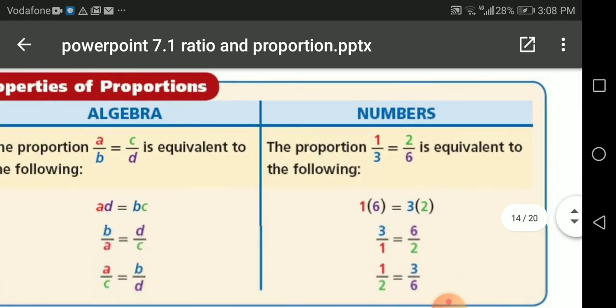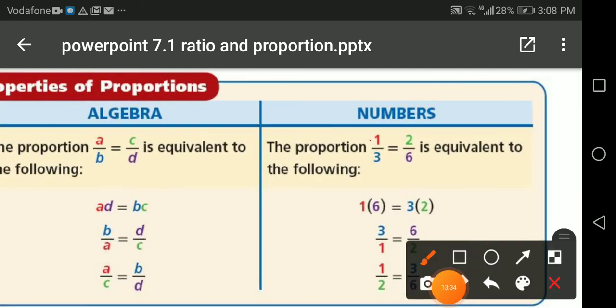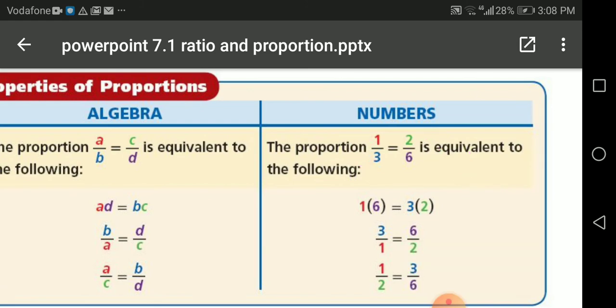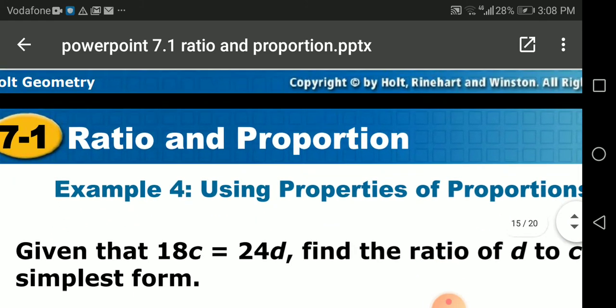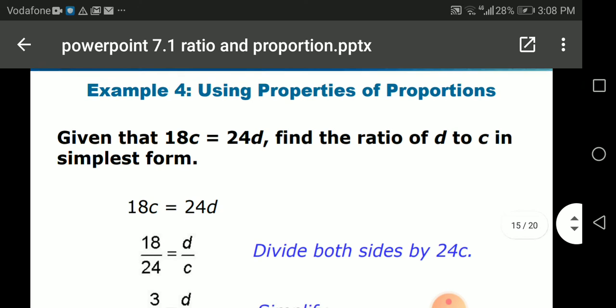To make it more clear for you, my dear students: when we have 1 over 3 equals 2 over 6, we can make the reciprocals too. So 3 over 1 is equivalent to 6 over 2. Okay, let's have some questions to make sure we understood.